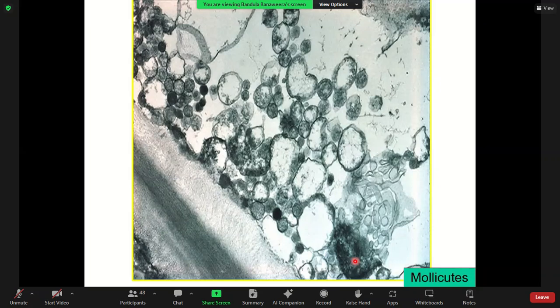And as there is no cell wall, they have to survive inside a host cell. So they are obligatory parasites.